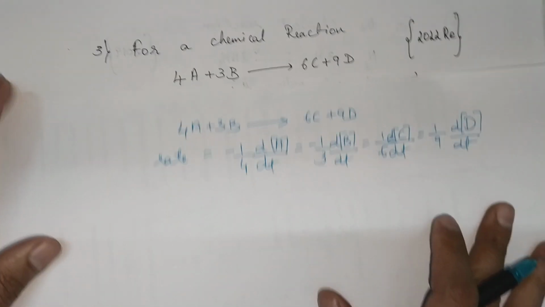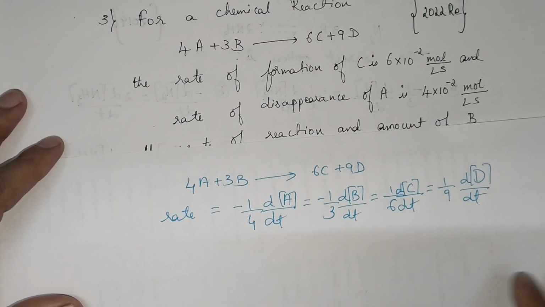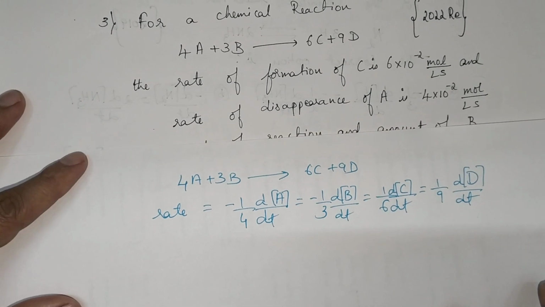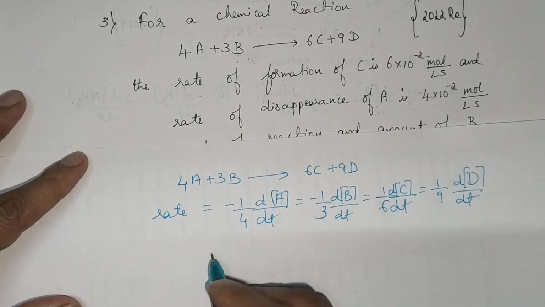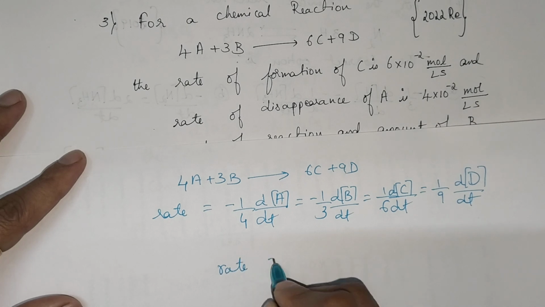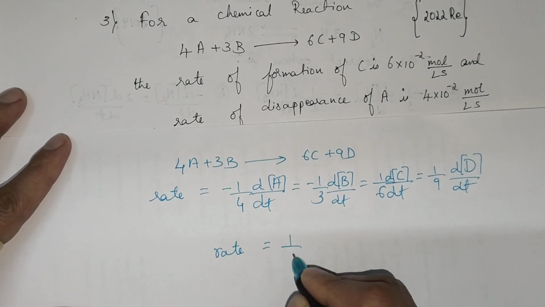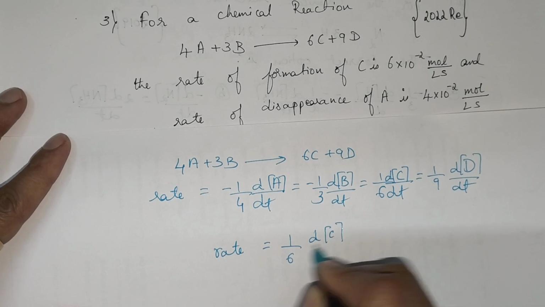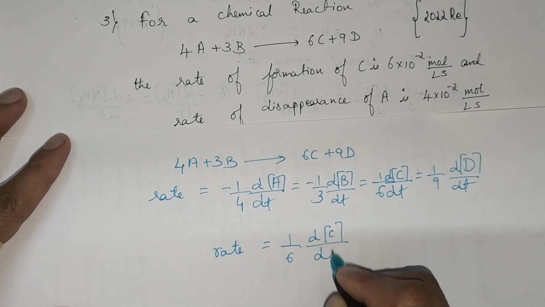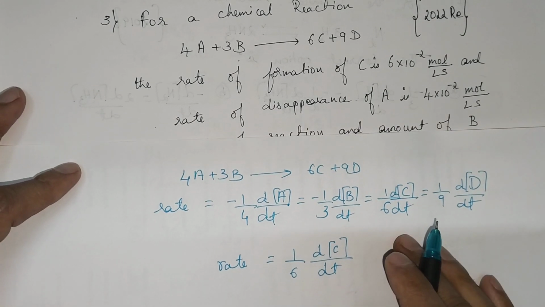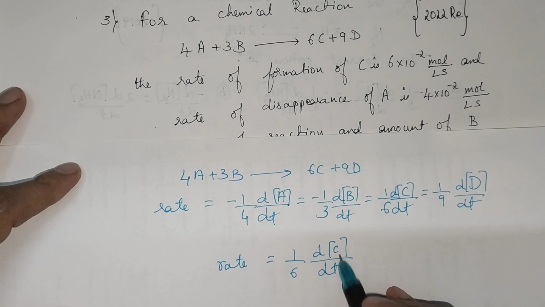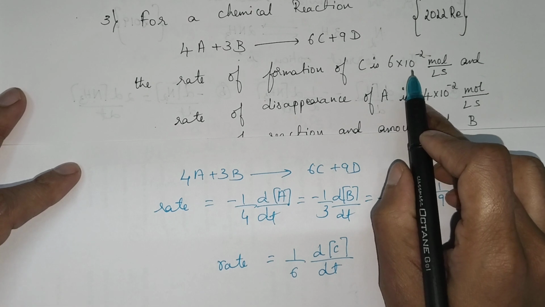According to the data they have given us, the formation of C and disappearance of A, we can take either of them. Let me take the formation of C, that is, rate is equal to 1 by 6 times dC by dt. You can take even the disappearance of A. The rate at which formation of C is happening is 6 into 10 raised to minus 2.